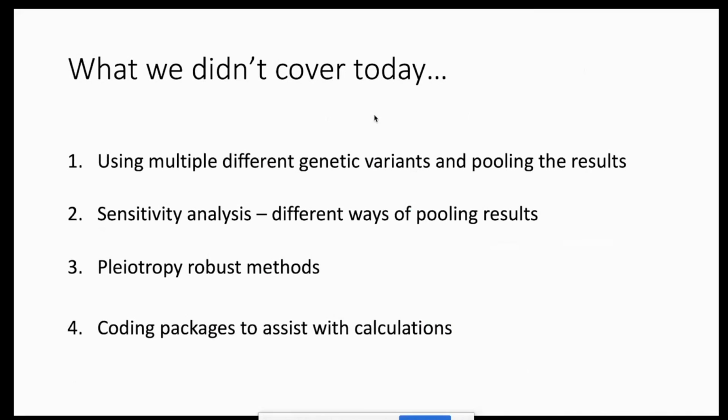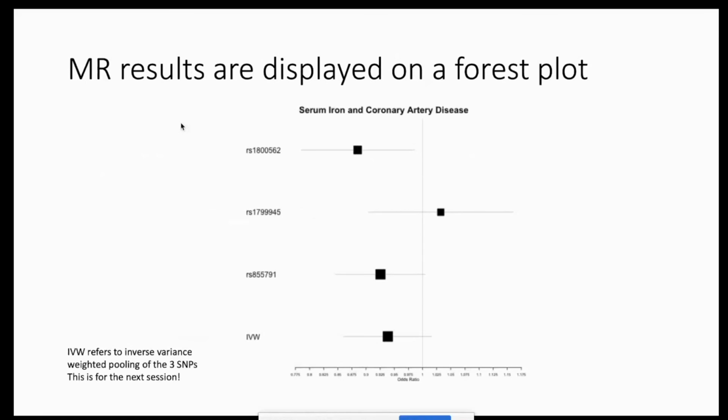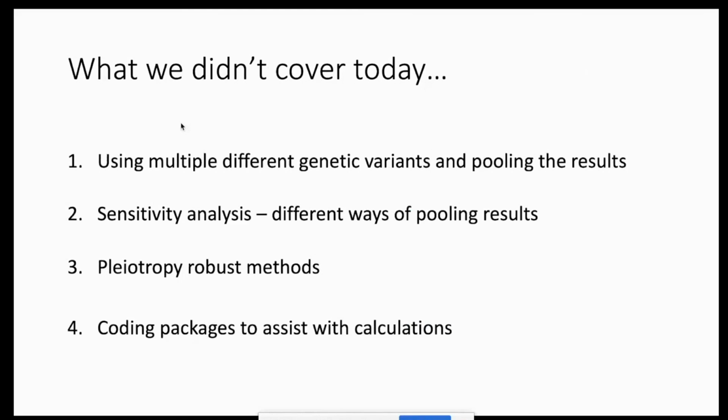So we covered quite a lot today, but in further sessions, we'll discuss how we use multiple genetic variants and pool these results, using inverse variance weighting and other pooling estimates. We're going to talk about sensitivity analysis, because we need to make sure that these findings are robust, and there are several different techniques that we can use to assess that. We also need to look for pleiotropy, where there are alternative pathways.